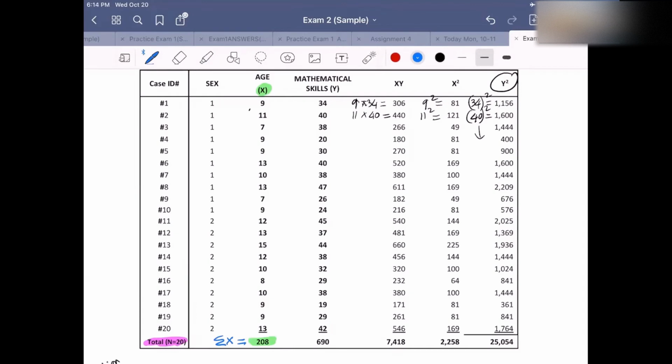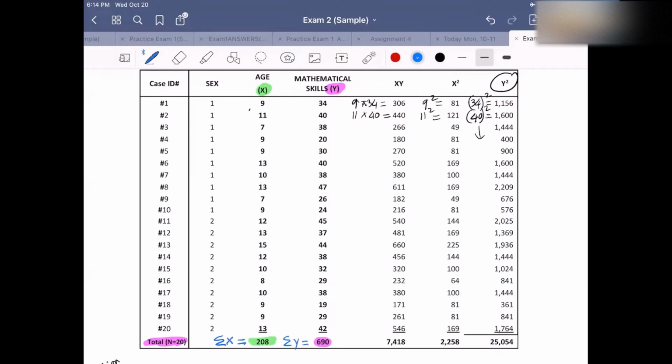And the next one is the Y values. And you can see that at the bottom, it's the sum of the Y values. So you should write it as the sum of the Y values is 690, okay? You want to know all the notations for them.